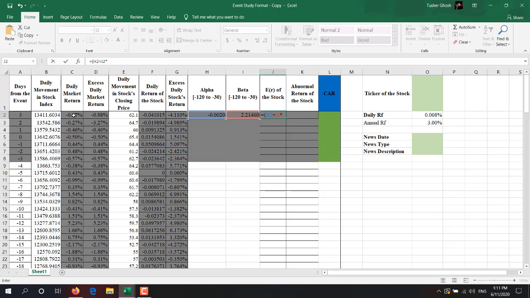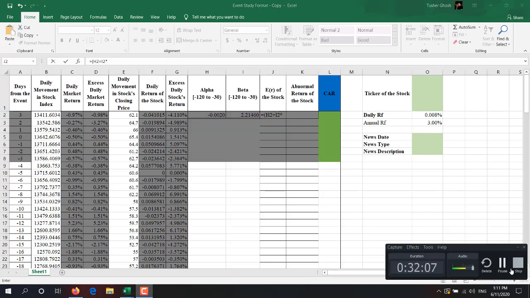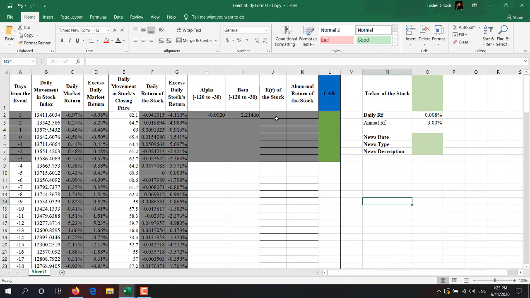Should it be market daily return? Okay, let me just recheck that. Okay, so now we want to predict the stock return depending on the beta.